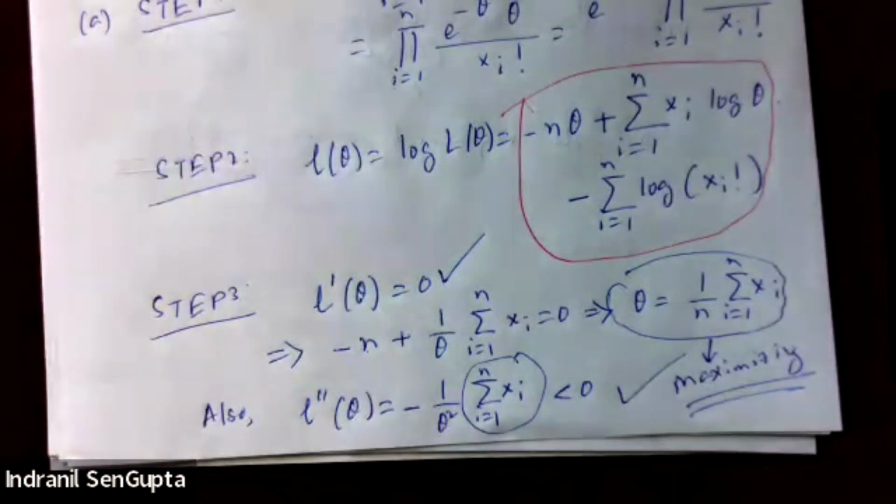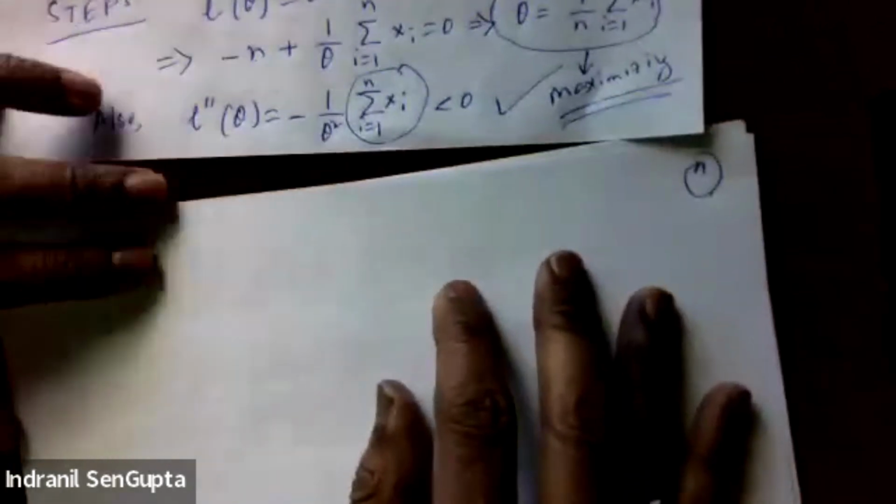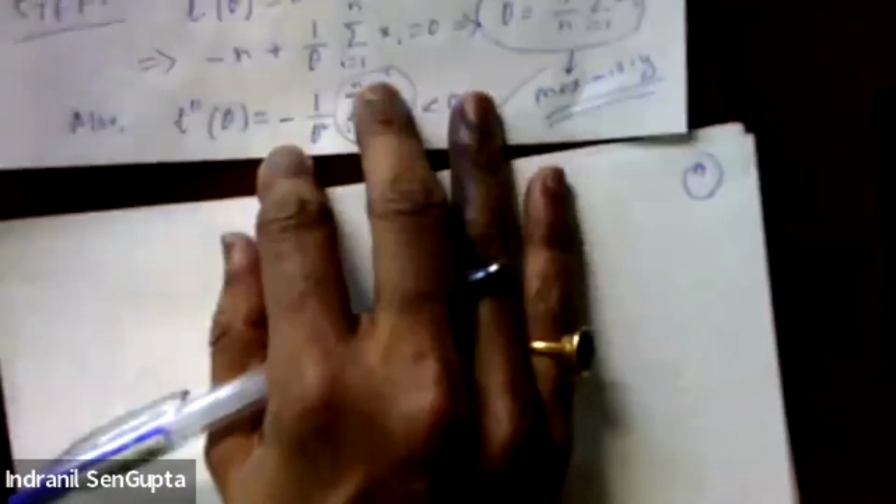Okay, so the first answer. What do you have to find? The first part is asking to determine the maximum likelihood estimate of theta.